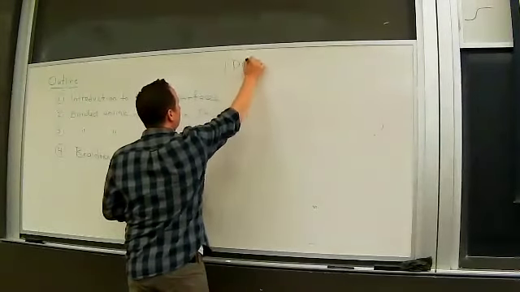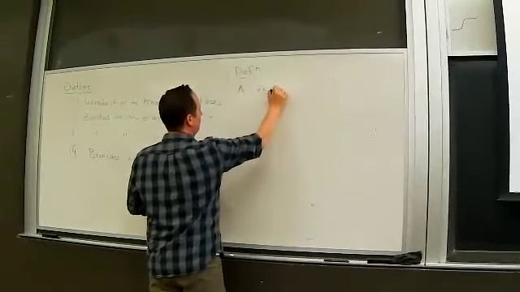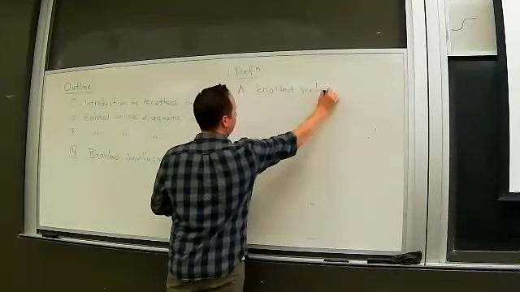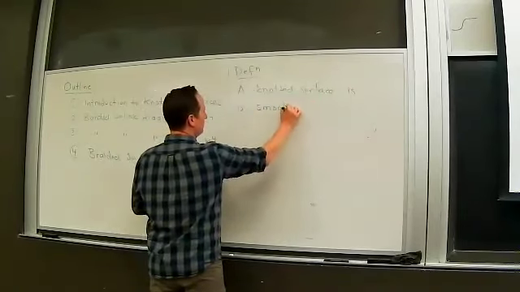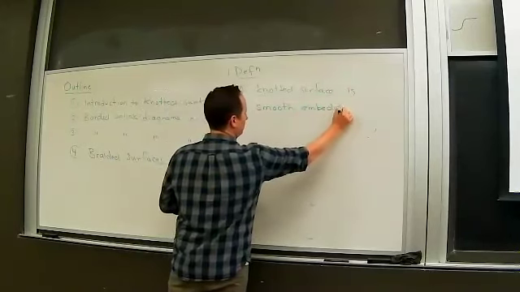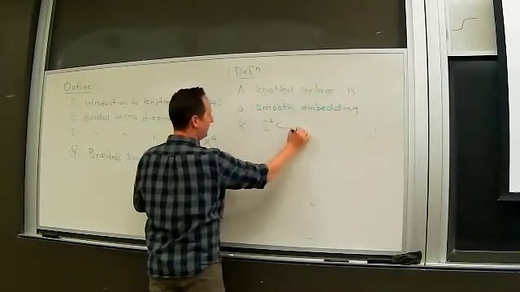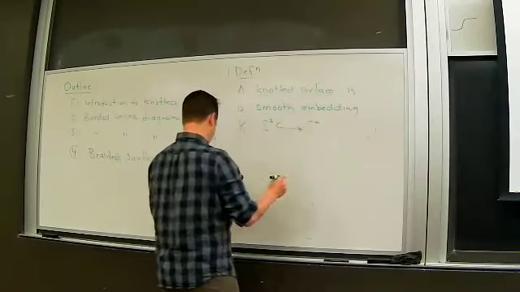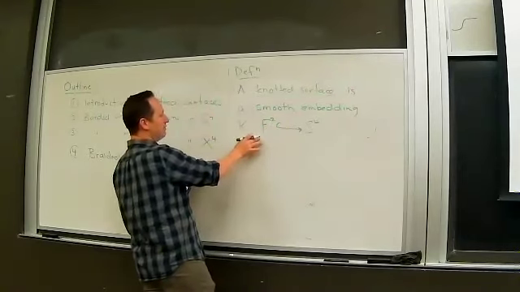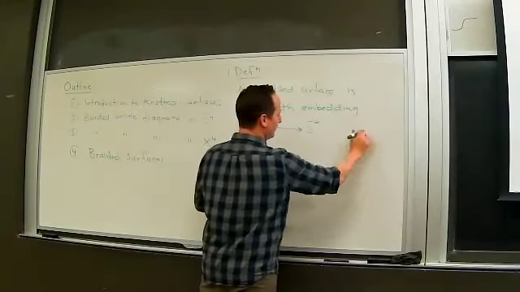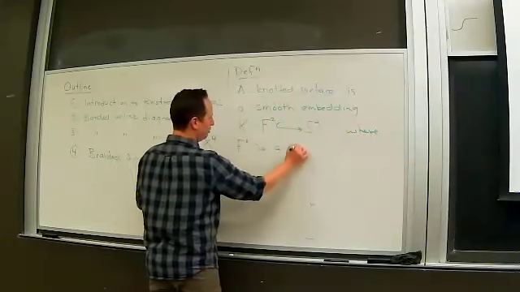There are a few ways you can define it, but a knotted surface is a smooth embedding of a surface F into the four sphere, where F is a closed surface.